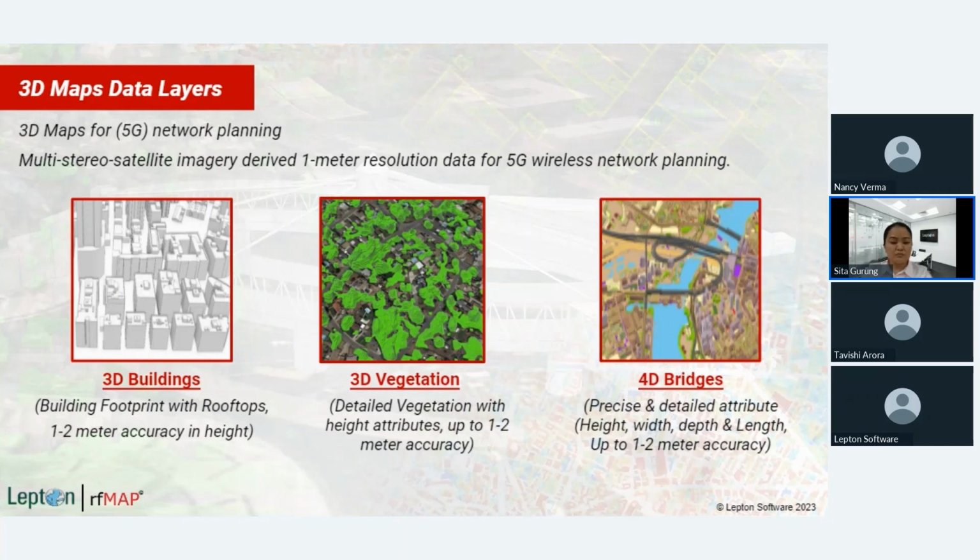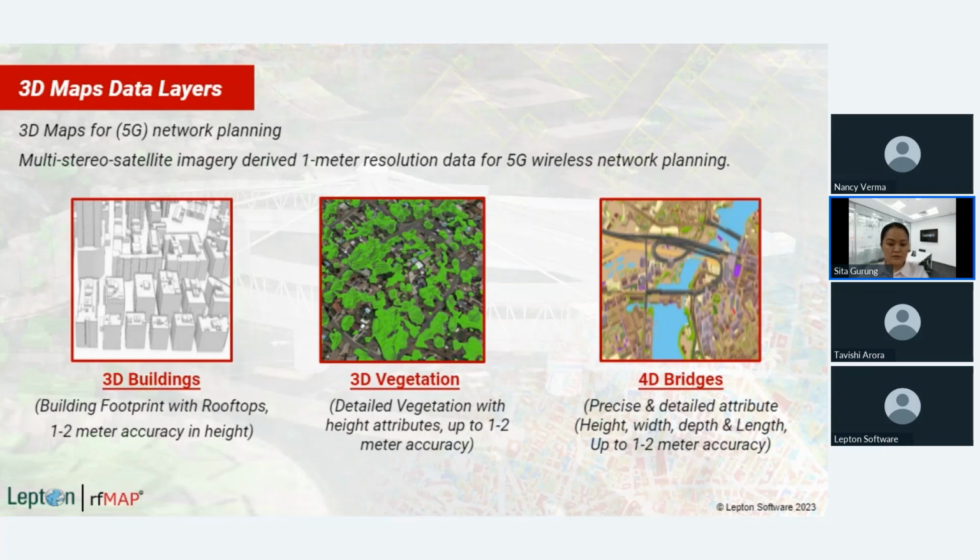These 3D maps should give you precise information about all the obstructions on the ground, be it buildings, flyovers, bridges, or even trees. Now, let's see what data layers are available in 3D maps. 3D maps are an exclusively designed digital map for 5G network planning, with multi-stereo satellite imagery derived at 1 meter resolution.